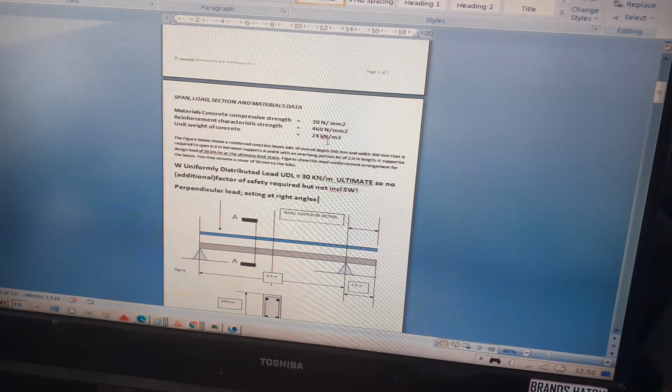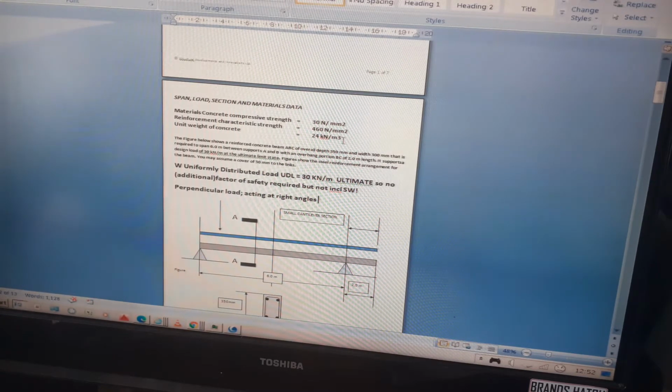The unit weight of the concrete is 24 kilonewtons per meter cubed. Sometimes they give you the unit weight of concrete as 2,400 kilograms per meter cubed. So it would be 2,400 times 10 divided by 1,000, which gives you 24 kilonewtons per meter cubed.